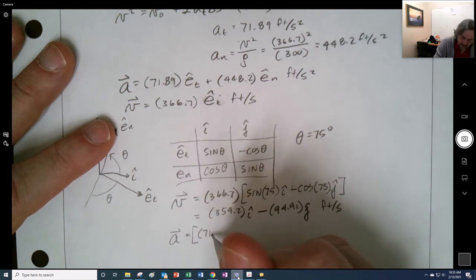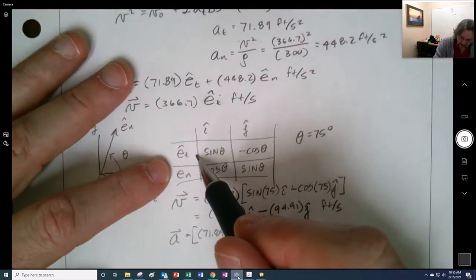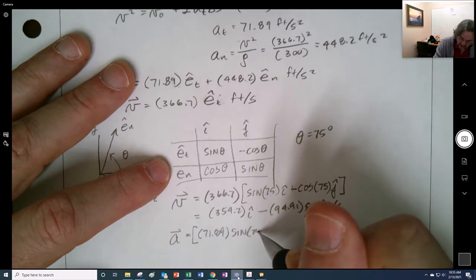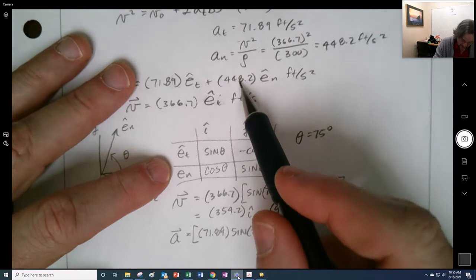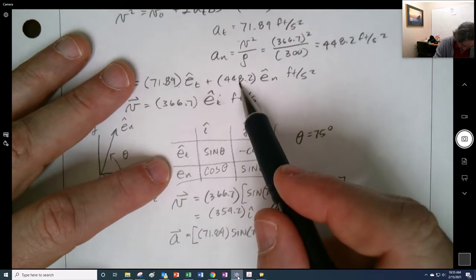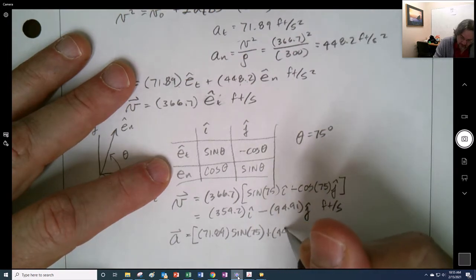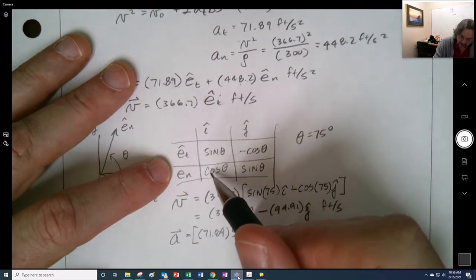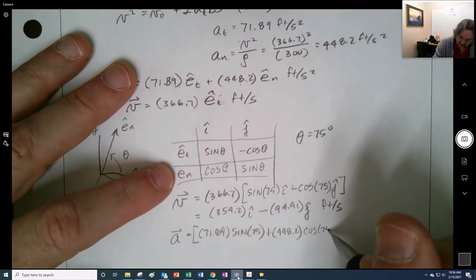I take my 71.89 and I multiply it by the sine of 75, and then I take my 448.2, and I'm adding that, that's the normal, and I multiply it by the cosine of 75.